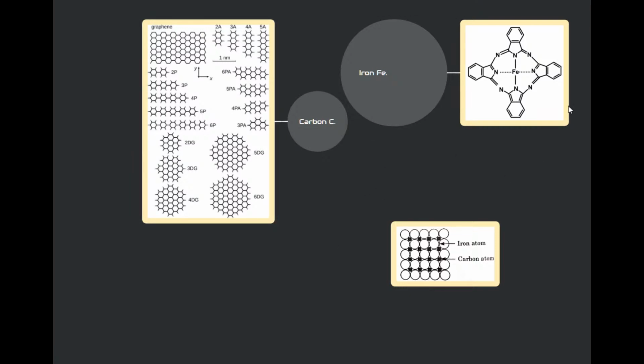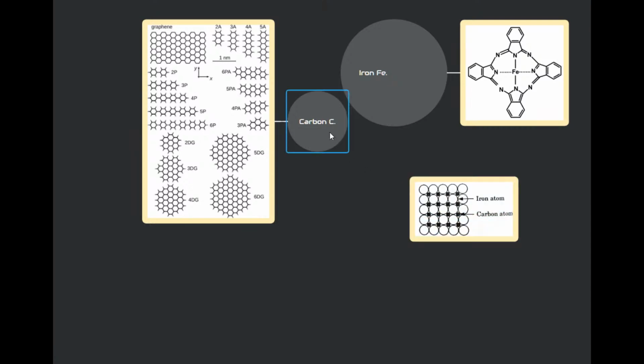Because if I can work this out, it would make it look a lot cooler. Types of carbon.